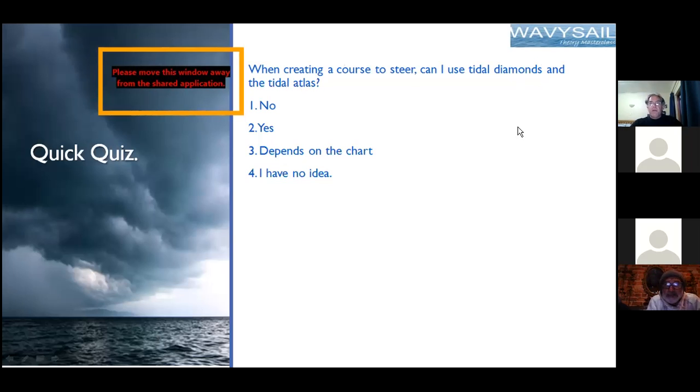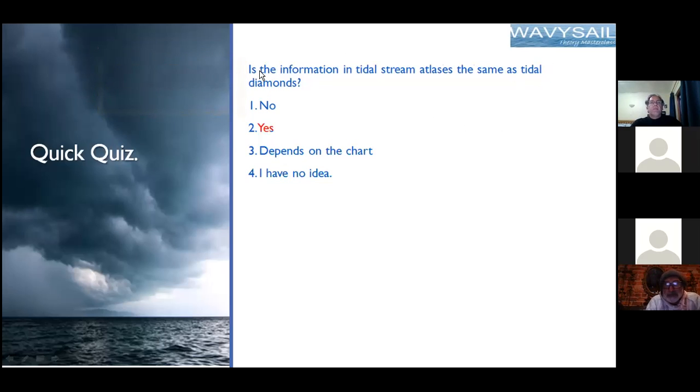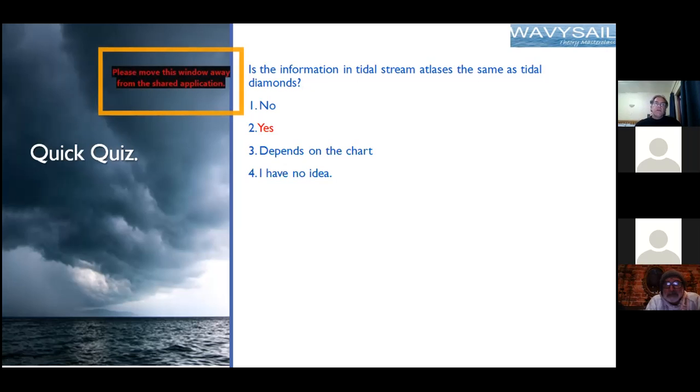Could you reference both? So, is the tidal information the same on tidal diamonds? Yes, it's identical. If you put that geographical tidal diamond onto the tidal stream atlases, the two should match identically.